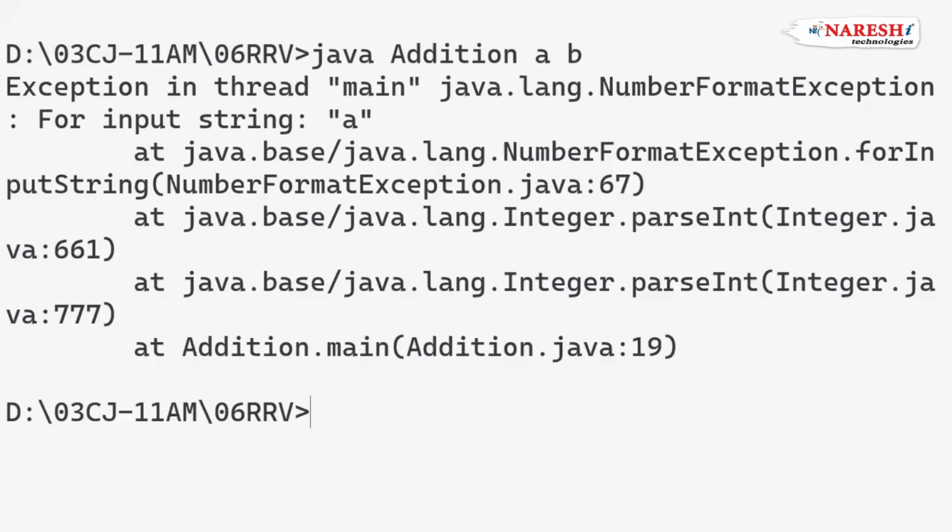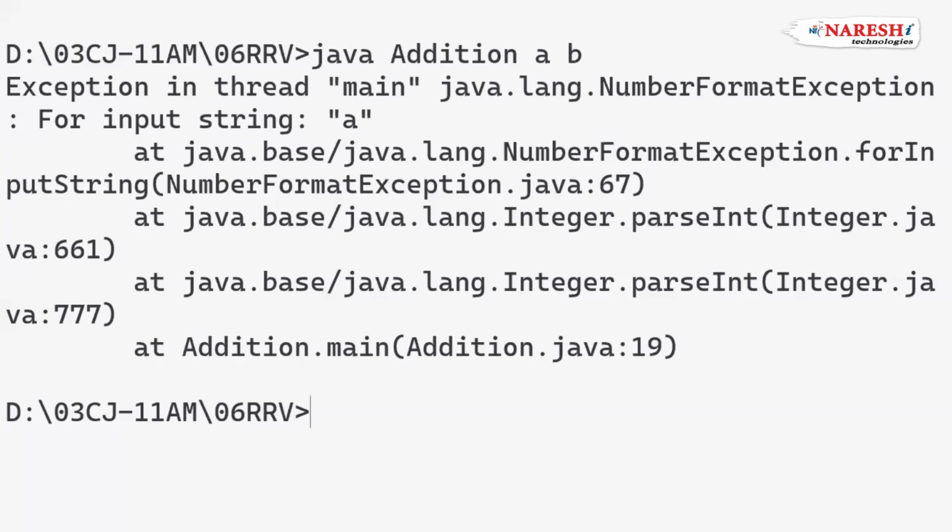So tell me, what is the second rule on running command line arguments applications? What is the first rule? The number of values you pass must equal the number of values we are reading in the program. If you pass fewer values, we get an ArrayIndexOutOfBoundsException. If you pass more values, there is no problem; we only read the values our program requires and ignore the remaining values.